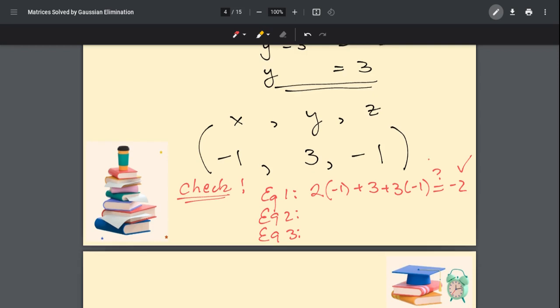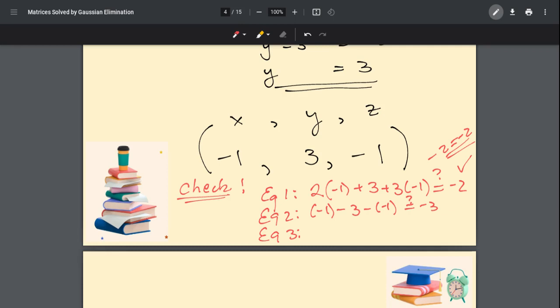Now the second equation. The second equation was x minus 3 minus z. You plug in -1, minus 3 minus -1. Is it equal to -3?